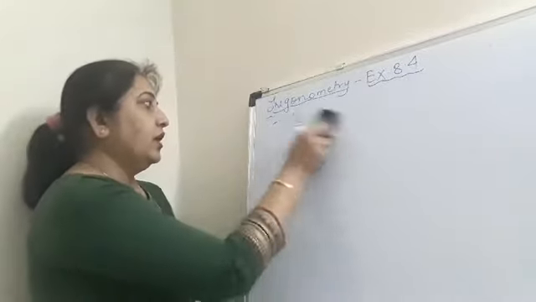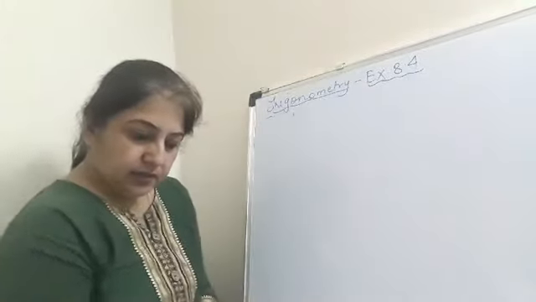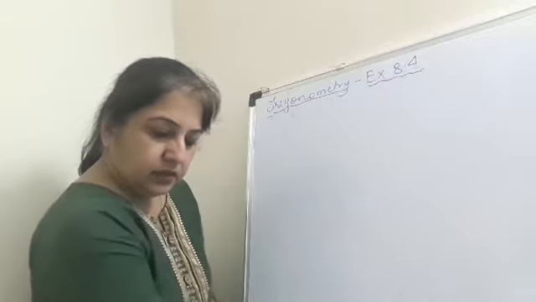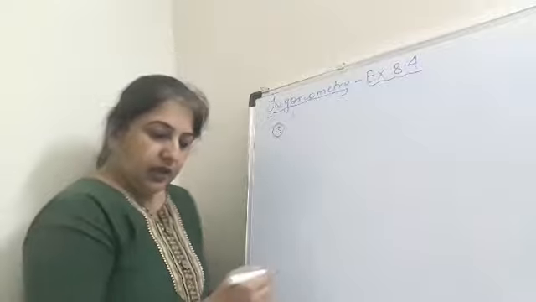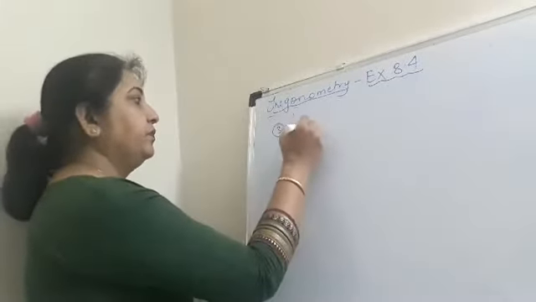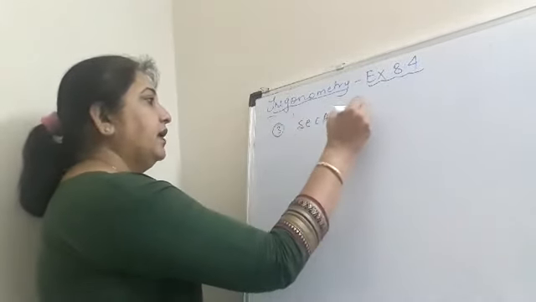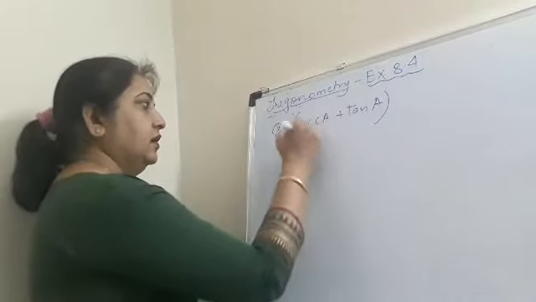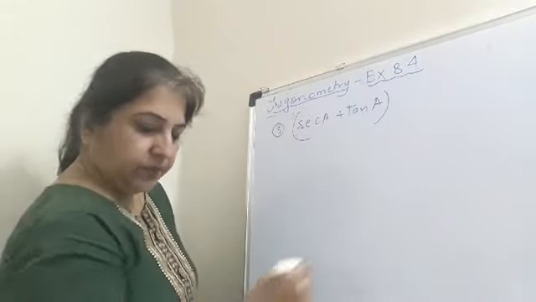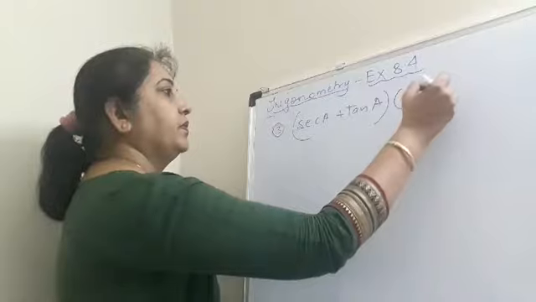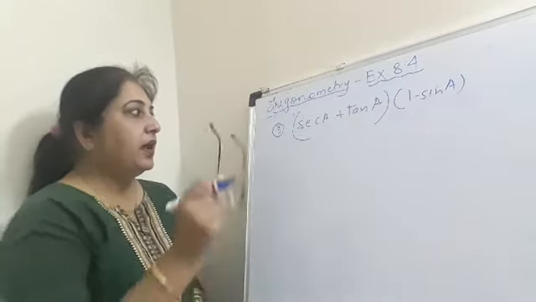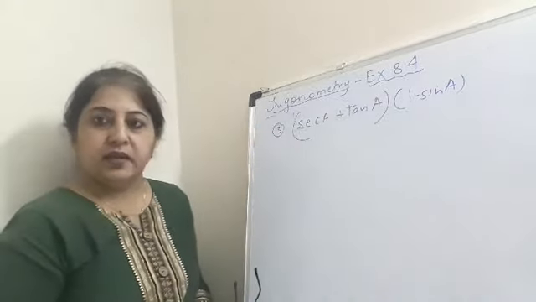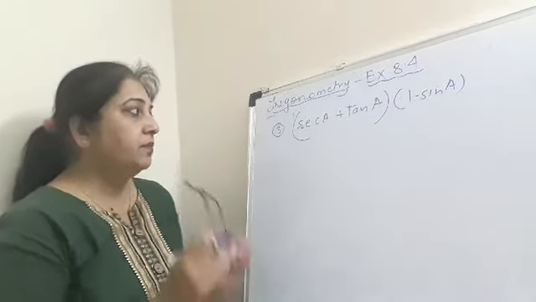Then one more I'll do for you, the third one. Sec A plus tan A, multiplied by 1 minus sin A. We can solve this by multiplying the two binomials.